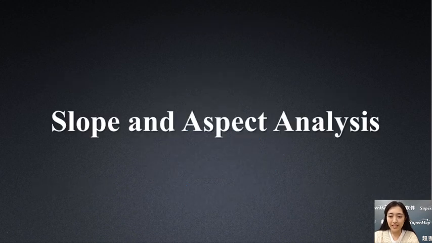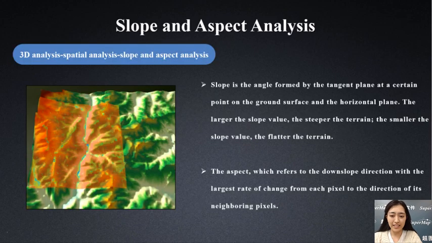Okay, next, I'm going to introduce the slope and aspect analysis. The slope and aspect analysis is divided into slope and aspect. The slope is the angle formed by the tangent plane at a certain point on the ground surface and the horizontal plane.